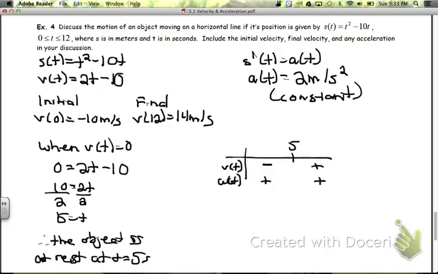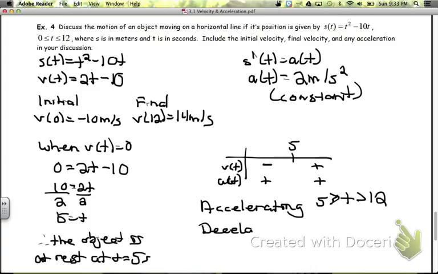But talking about accelerating versus decelerating, remember, decelerating is just slowing down. It's got to slow down as it gets to that point. So by looking at this, my accelerating is between 5 and 12, and my decelerating is between 0 and 5.